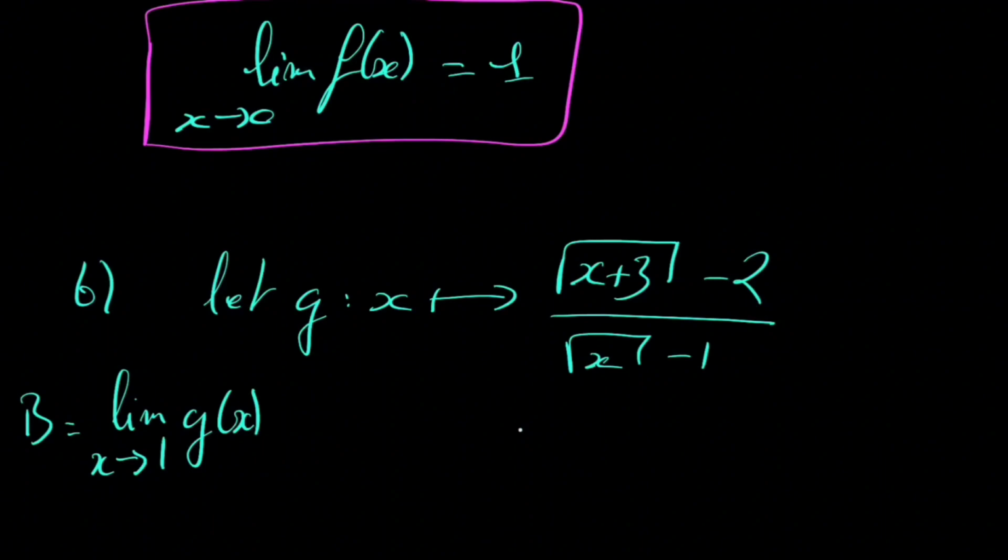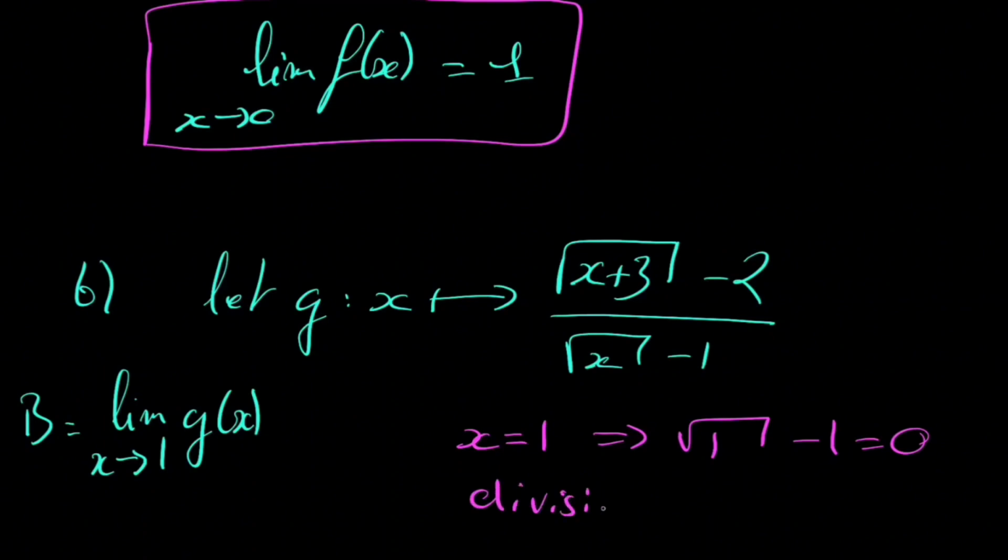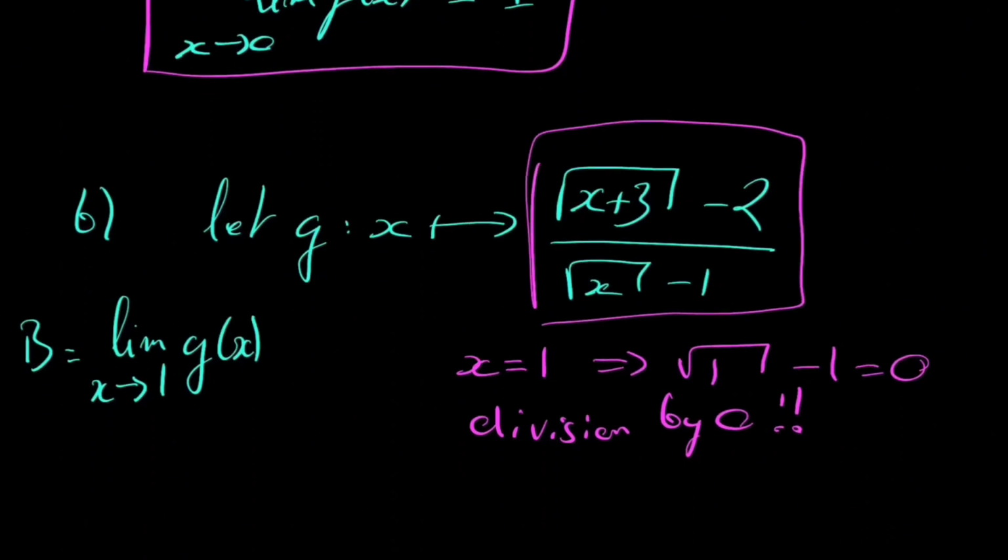So here we have a problem, because when x is equal to 1, square root of 1 minus 1 is equal to 0, and we don't want a division by 0. So we will have to work this a little bit.